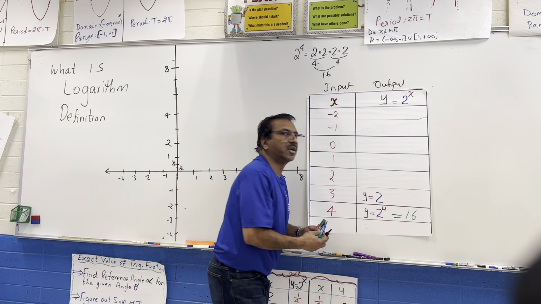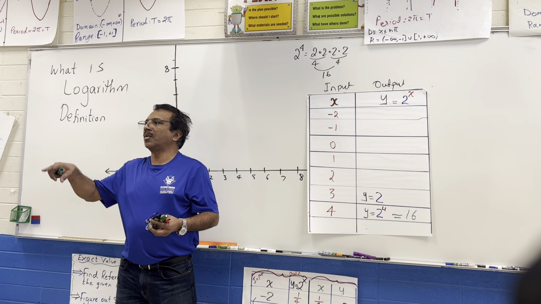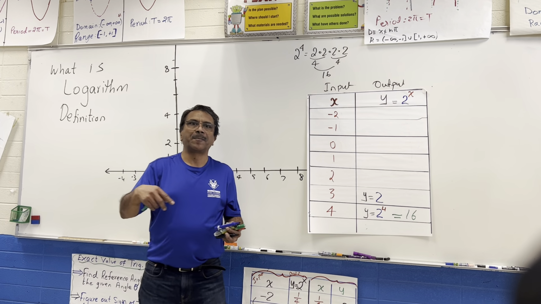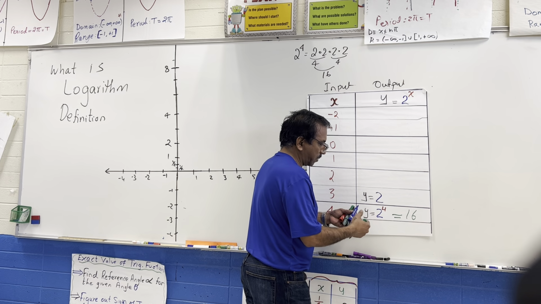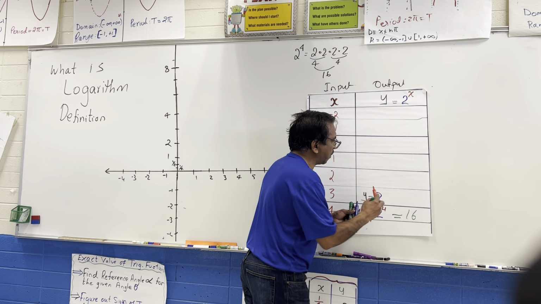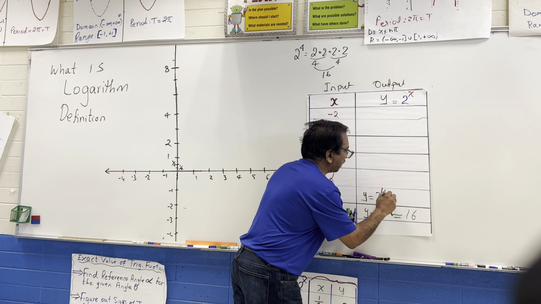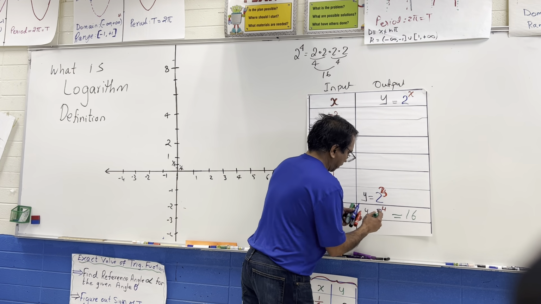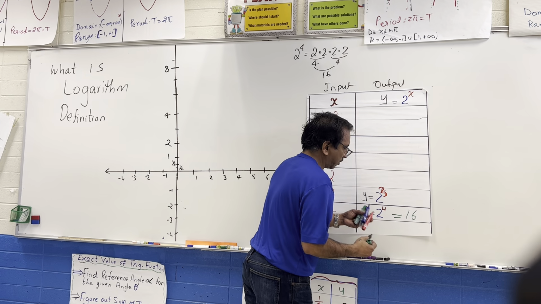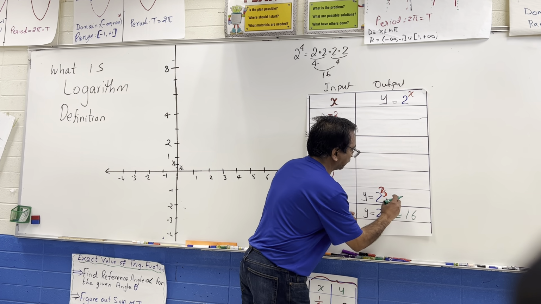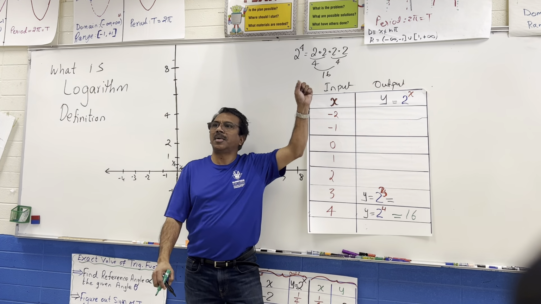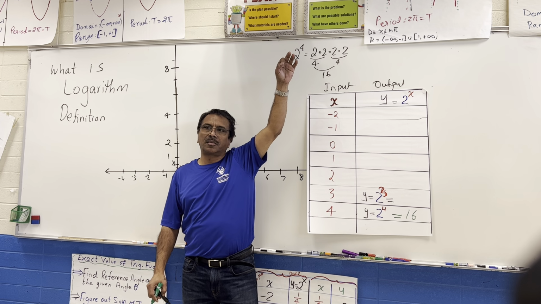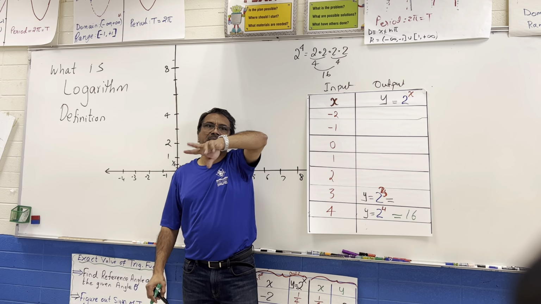I'm always using the green base because that's the growth factor, how you multiply to the input. This time I'm using 3. What is that answer? 2 multiplied by 2 multiplied by 2. 8? She's saying 8. You guys agree?